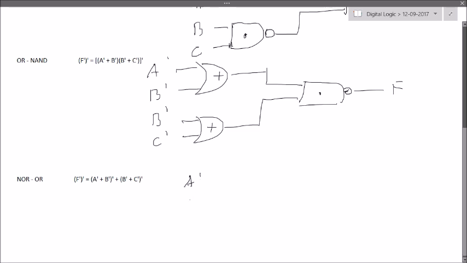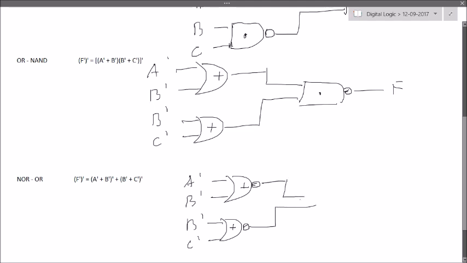A prime, B prime. This is a NOR gate. And B prime, C prime. This is a NOR gate. Everything is an OR gate. Okay, so this is the circuit.